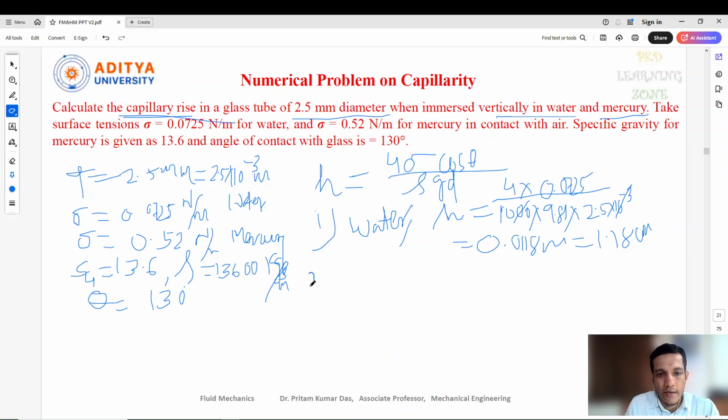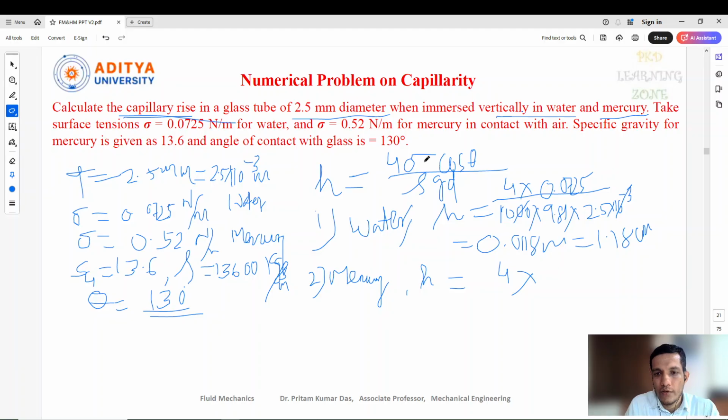Similarly, the second one is for mercury. For mercury also you can write H equal to the same formula, but here the theta angle is already given as 130 degree.